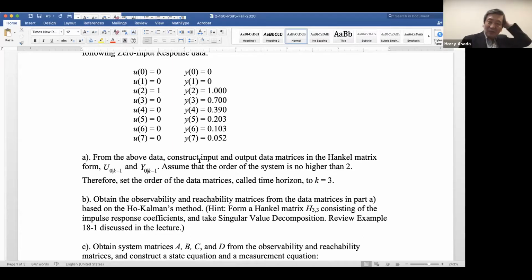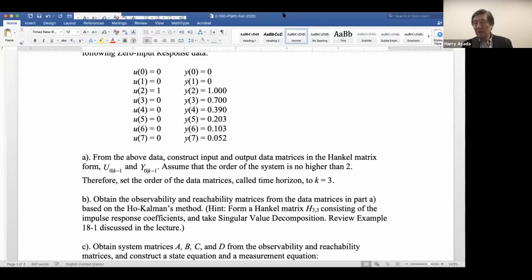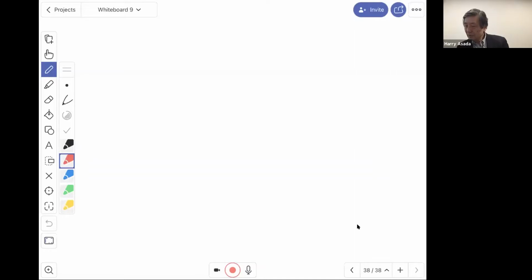So you remember that in the Hankel matrix, in a particular form, you put the input in a particular sequence, right? Let me just show. Yeah, so you have U0, U1, U2.